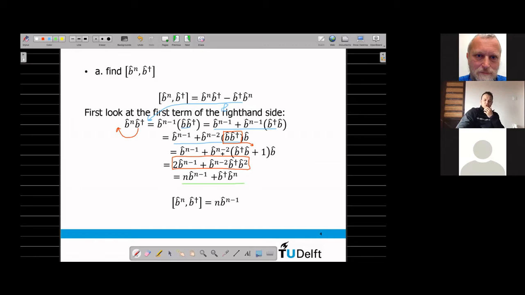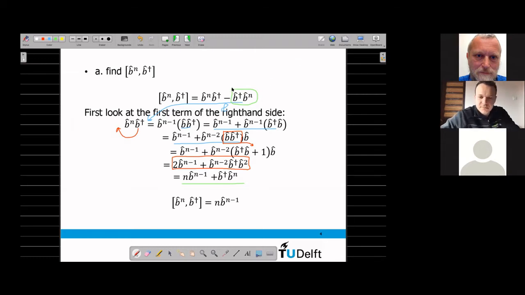And we should not forget that this was just this term that we were looking at. So in order to evaluate the whole commutator, we need to subtract. It was the other term?